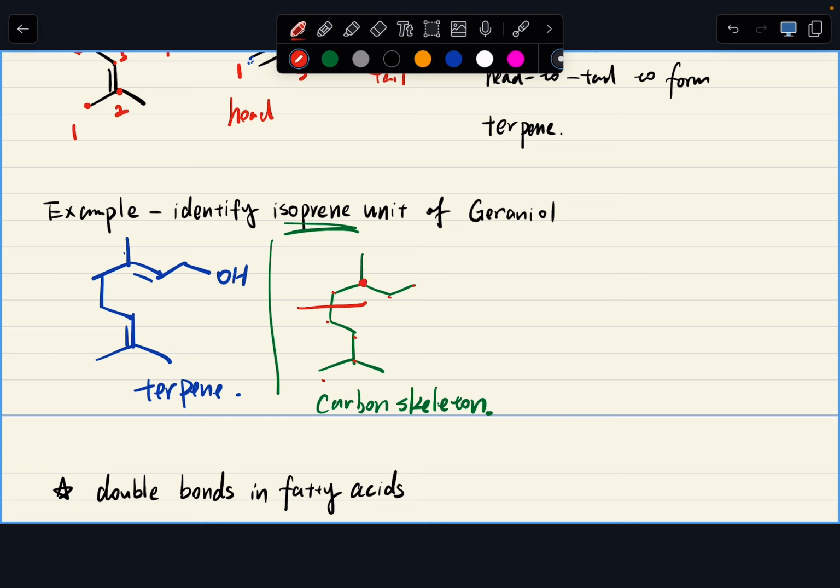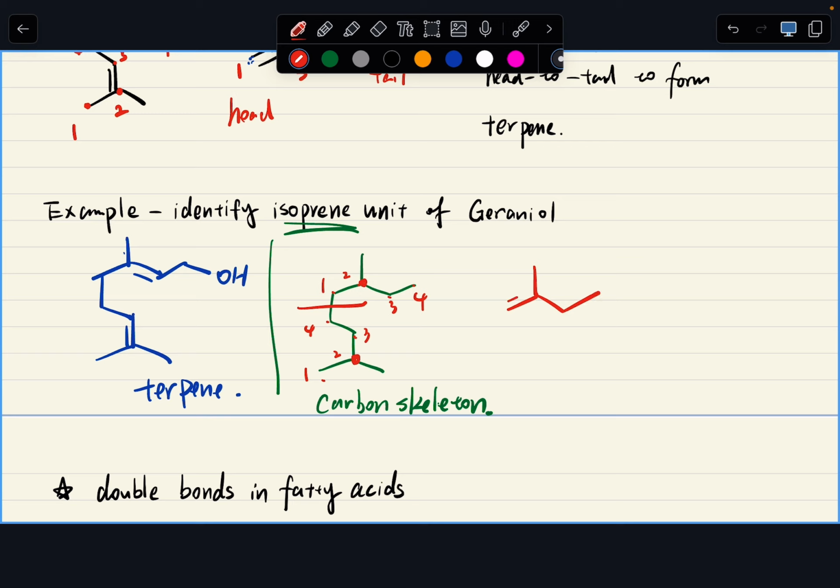So this one, I have a carbon on my position 2. Here, I also have a carbon on my position 2. So in my isoprene unit, that's my 1, 2, 3, 4. That's my 1, 2, 3, 4. And these carbon skeletons are the same isoprene unit. So I can write my isoprene unit as something like this.